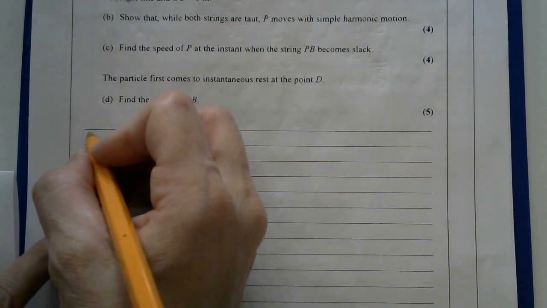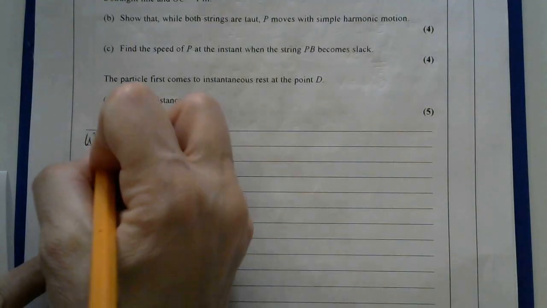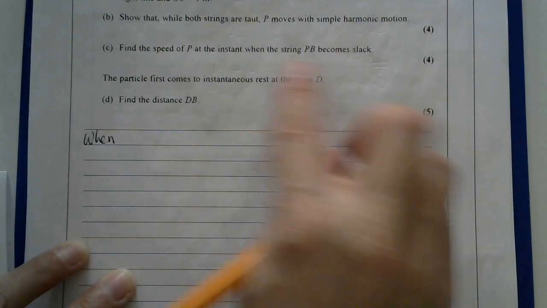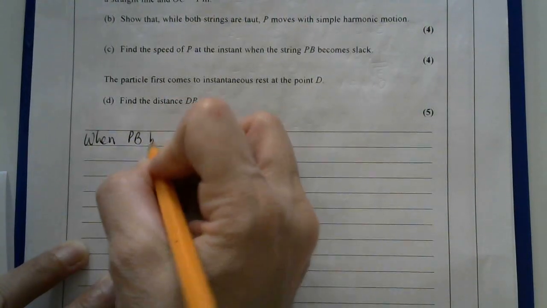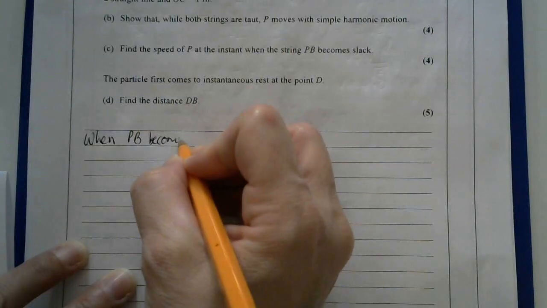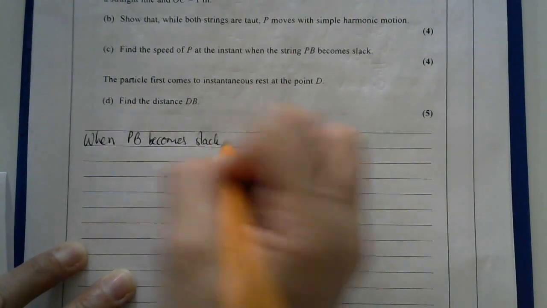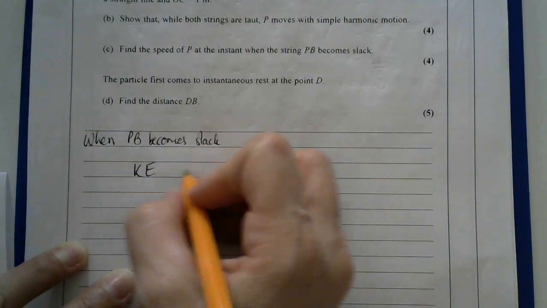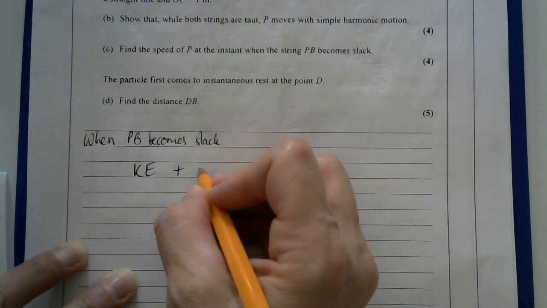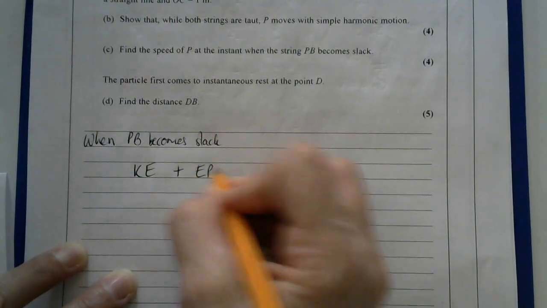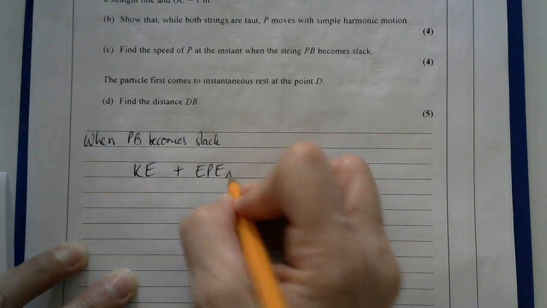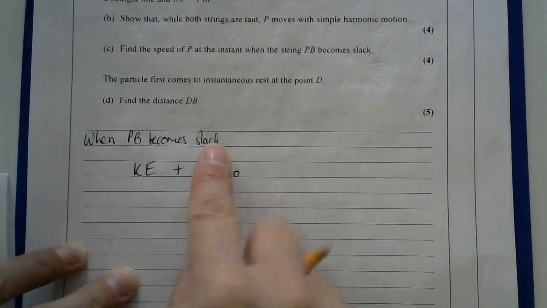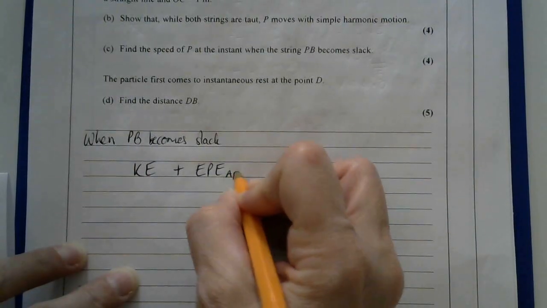So if I look at when PB becomes slack, then there is the kinetic energy that it's moving with, plus the elastic potential energy in the string AO, because at that point the other part of the string has become slack. Sorry, it's not AO, sorry, AP.